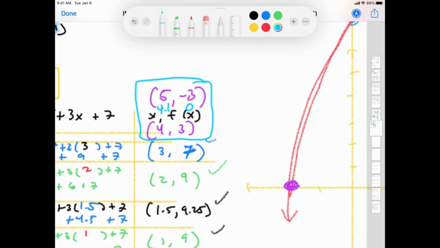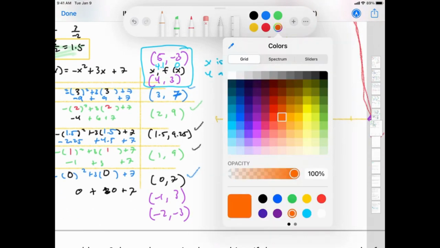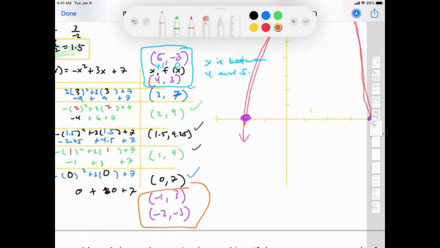My answer has to be between, let's write that, x is between 4 and 5. Okay, and the other one, x intercept is between x equals -1 and x equals -2.